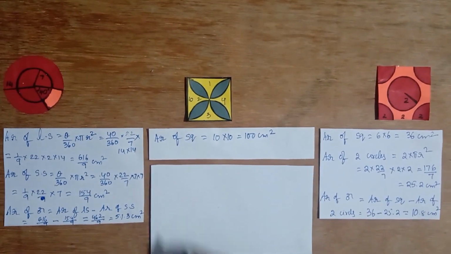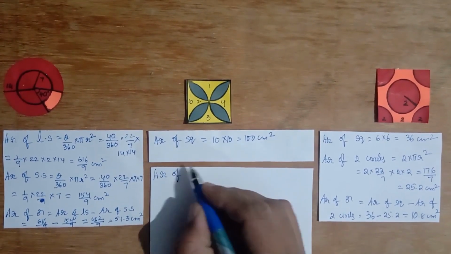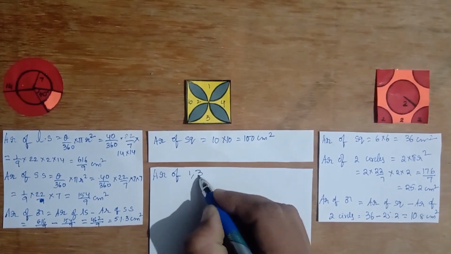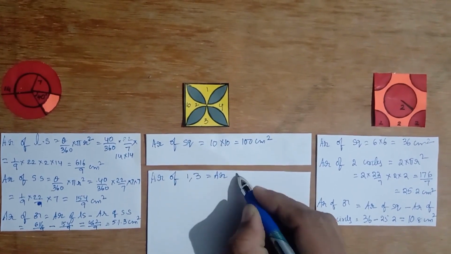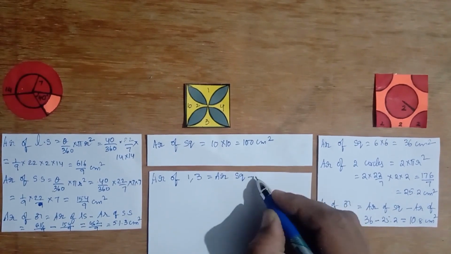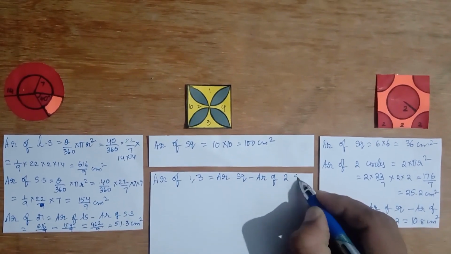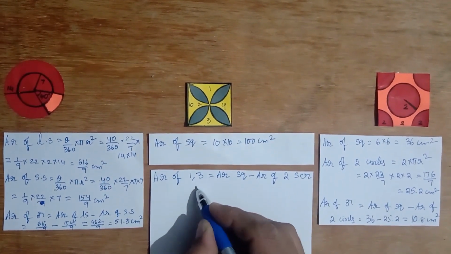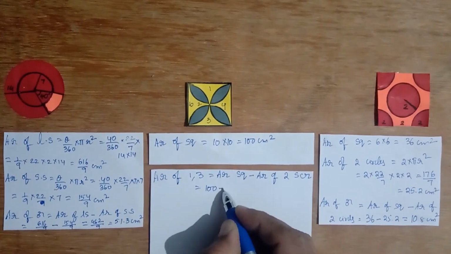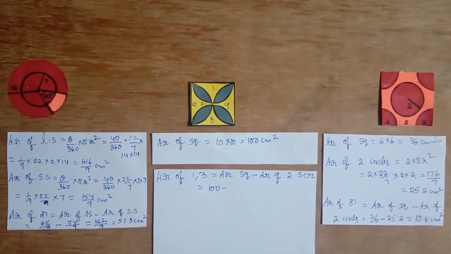Therefore, area of 1 and 3 regions equals area of square minus area of two semicircles. Area of square is 100 minus area of two semicircles, which is area of one circle.